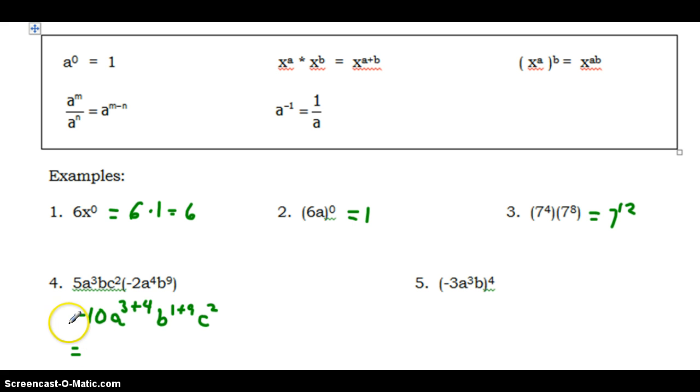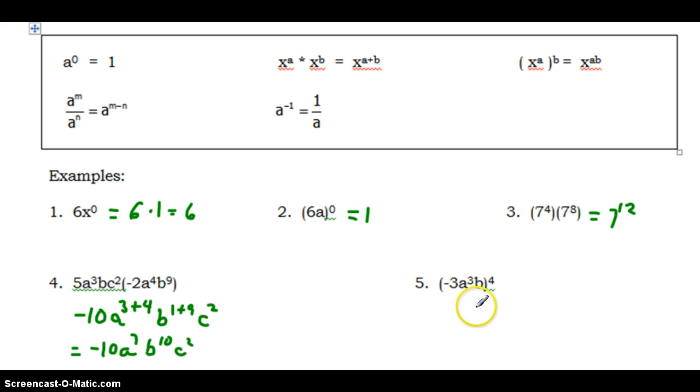We would simplify just by adding the exponents here, and we get negative 10, a to the 7th, b to the 10th, and c to the 2nd. You don't have to write out this step. I just showed it so that if you need to break it down, you feel free to use this step as well. So that's a more in-depth example of this law.